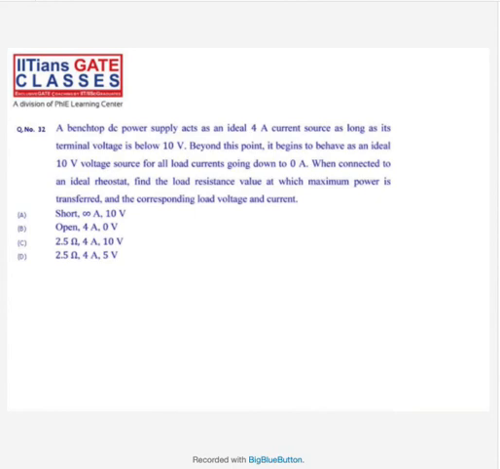A bench top solar panel has a characteristic with 10 volts, 4 amperes. When connected to an ideal resistance, find the load at which maximum power is transferred, the load voltage and current.